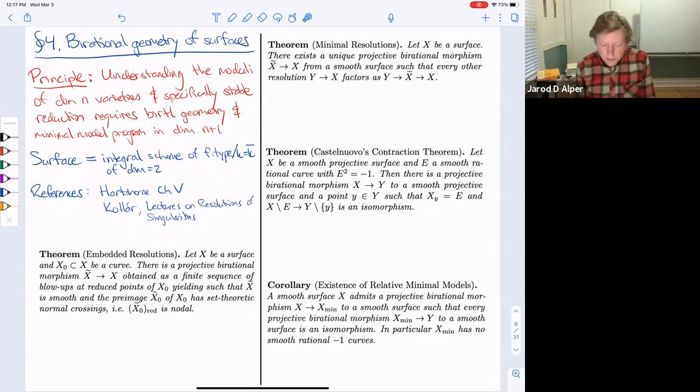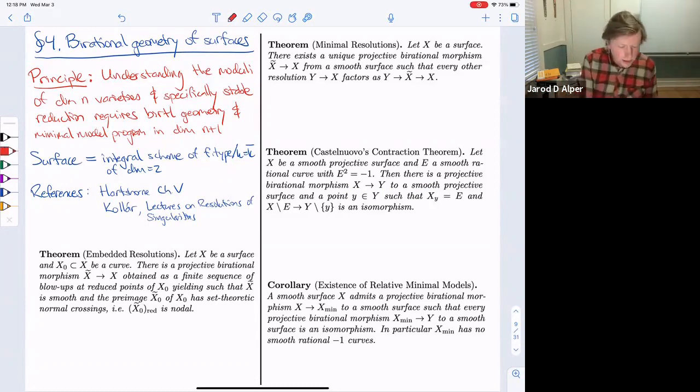And then something hopefully familiar is this contraction theorem due to Castelnuovo, which says that if you have a smooth rational curve, a P1 inside your surface with self-intersection -1, then you can blow it down to a smooth surface. You can also blow down other exceptional curves, maybe where e squared is -2, say, but you lose the smoothness.